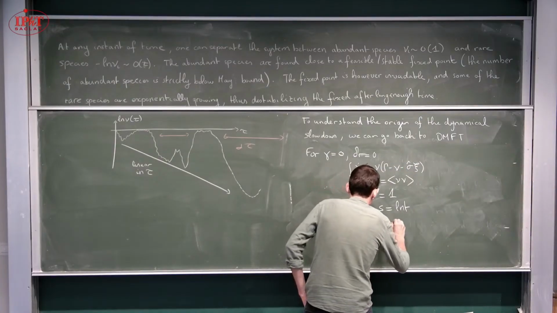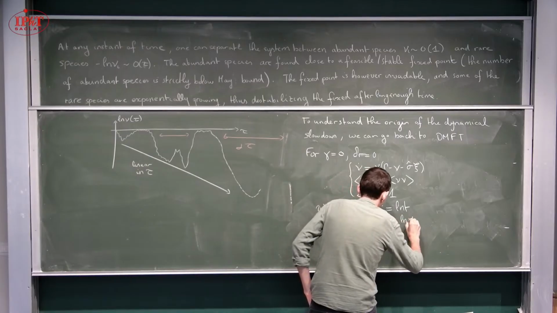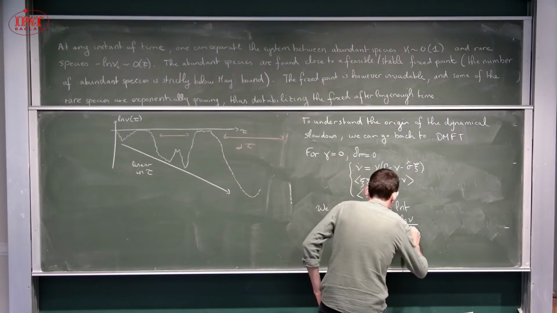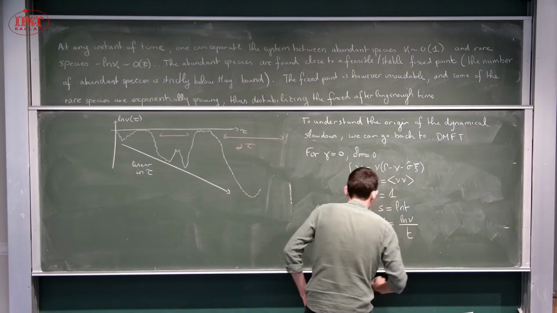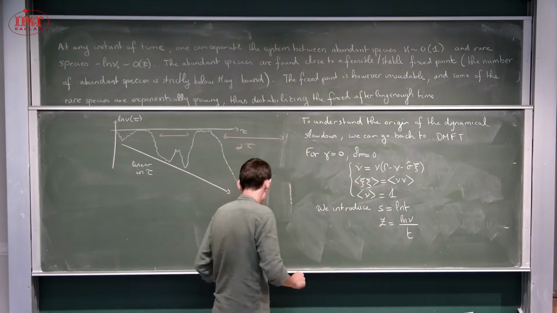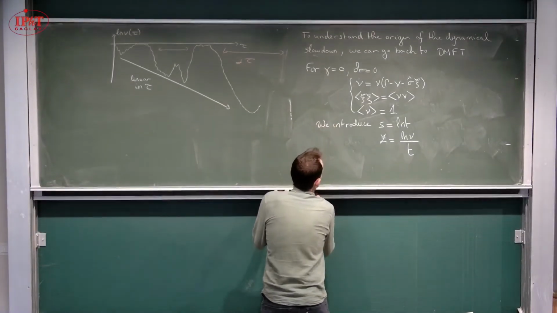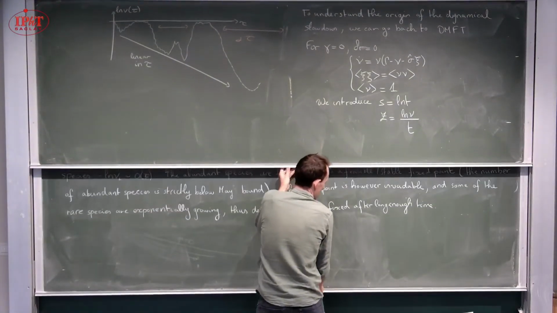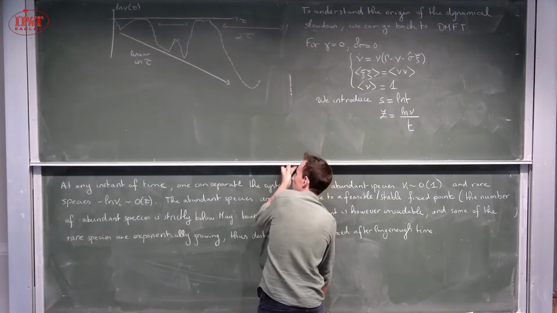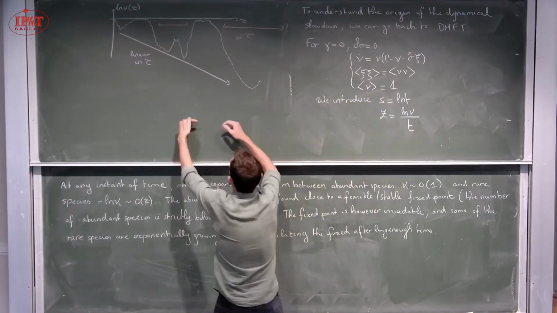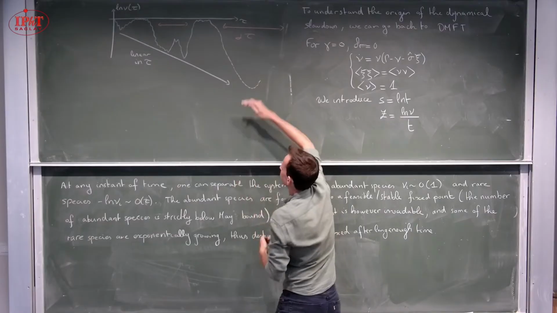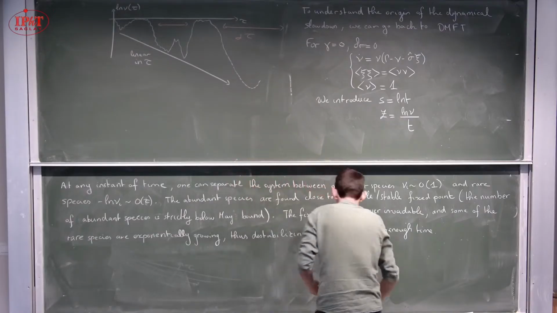And z, as before, is log of nu divided by t. This division by time aims at rescaling the vertical axis of this curve.